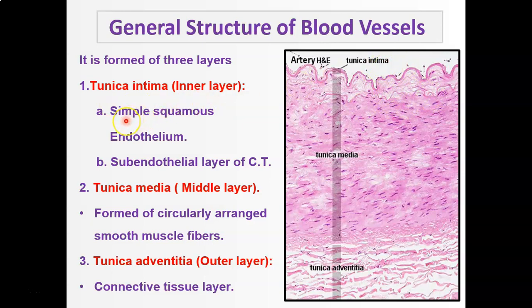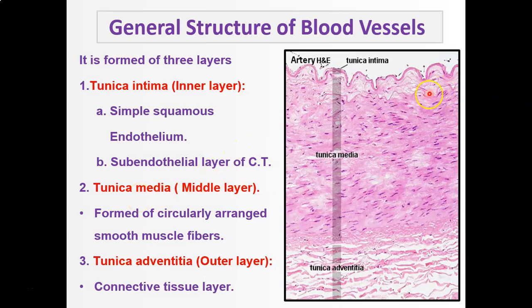It is formed of epithelium called simple squamous endothelium. When it comes in contact with blood, we change the term epithelium into endothelium. Simple squamous endothelium with underlying subendothelial connective tissue, rich in connective tissue fibers.